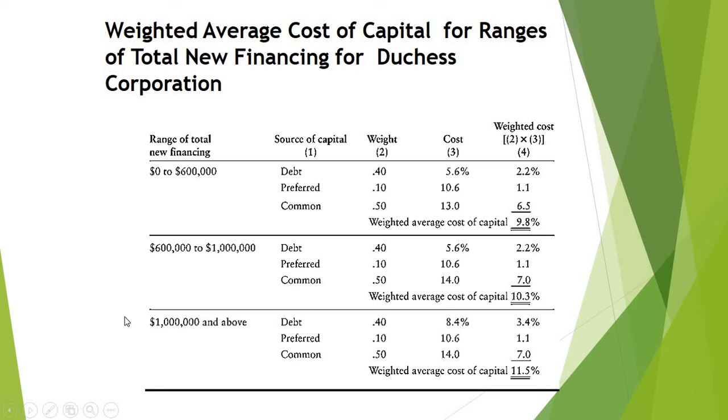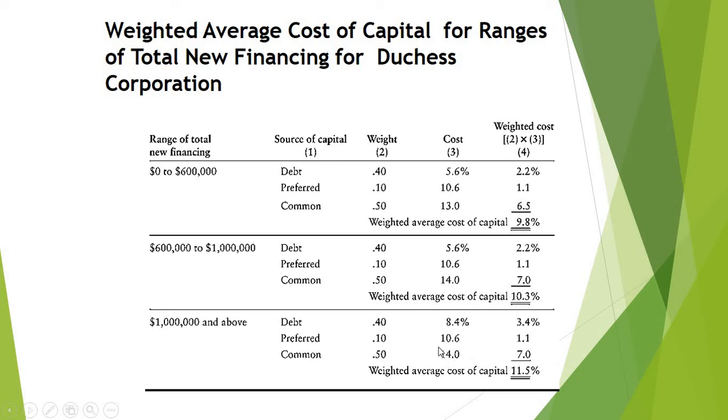And finally, if the firm raises $1 million or more, in that case the weighted average cost of capital will also increase, which is 11.5%. This is due to increased cost of debt, which is 8.4%, and increased cost of common equity.